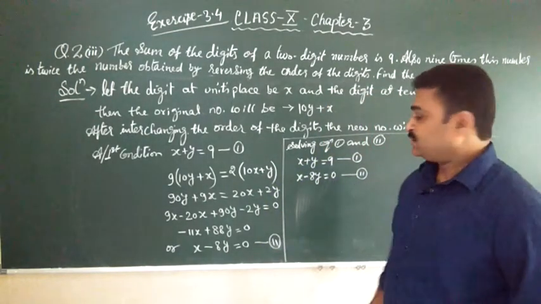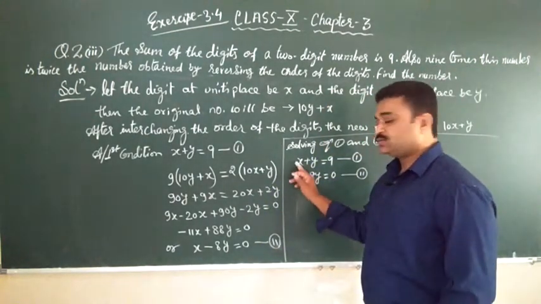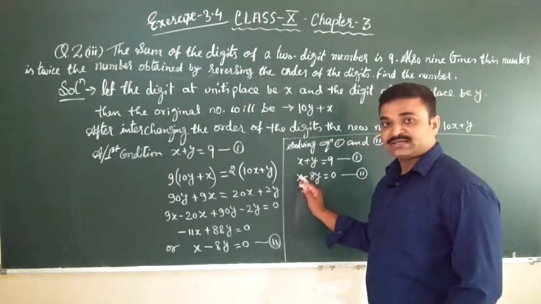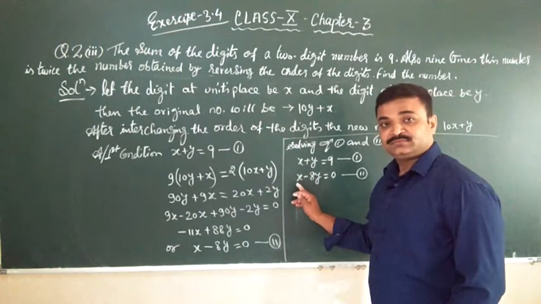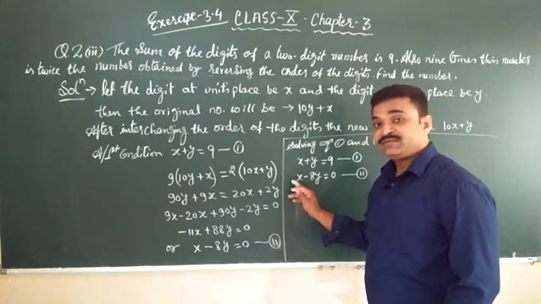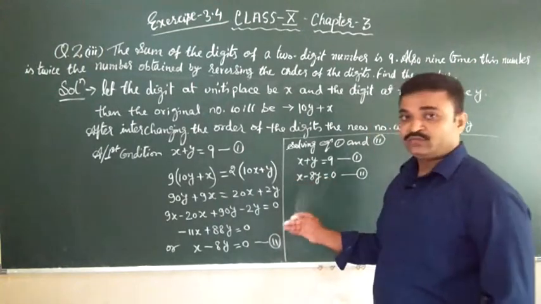See students, here the coefficients of x in both the equations are the same and the signs are also the same. So, we will subtract equation number 2 from equation number 1.